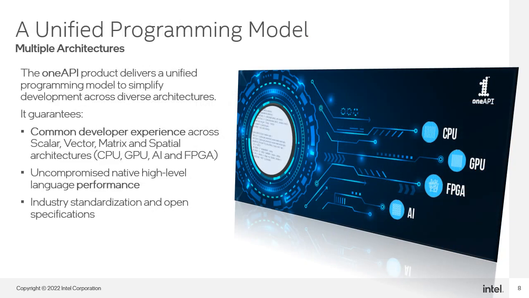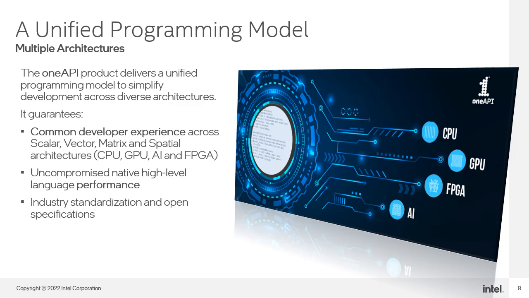To address the programming challenges posed by multiple architectures, a unified programming model was developed called oneAPI. oneAPI delivers a one-size-fits-all model to simplify development across diverse architectures, enabling users to take advantage of diverse architectures easily.